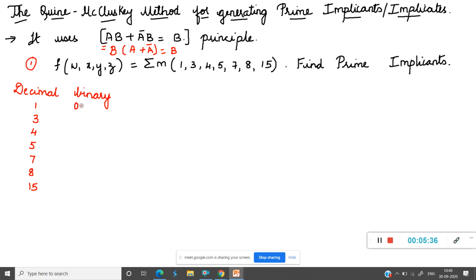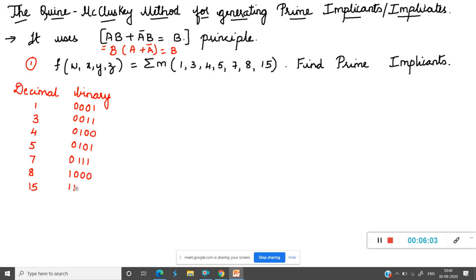In the binary form, it is 0, 0, 0, 1. Next 0, 0, 1, 1 for 3. Next 0, 1, 0, 0 for 4. Next 0, 1, 0, 1 for 5. Next 7 is 0, 1, 1, 1. Next 8 is 1, 0, 0, 0.